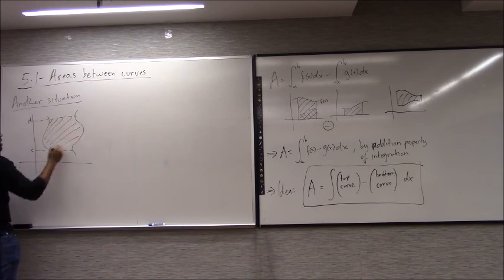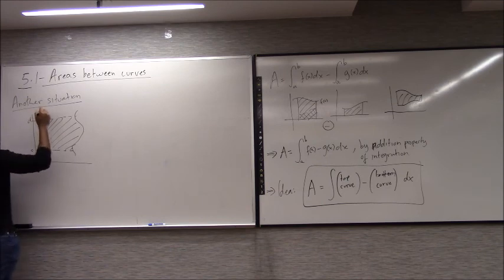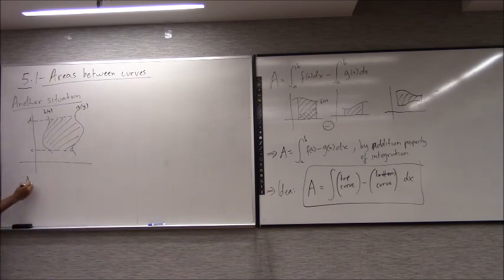I want to find that area, but now my curves are functions of y. So let's say this is h of y, and that is g of y. What is the area between the curves now? Yeah? The integral from c to d of g of y minus h of y dy.